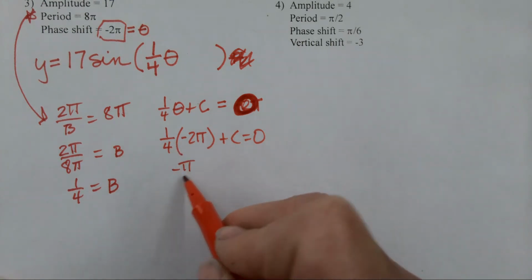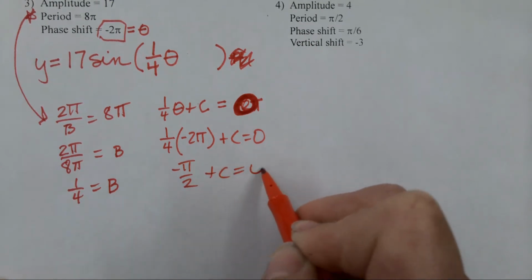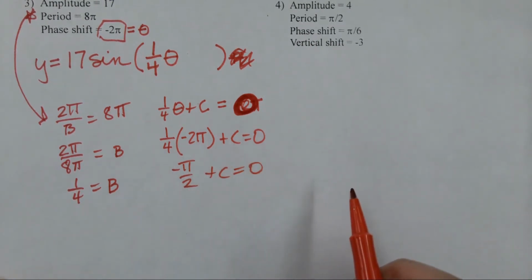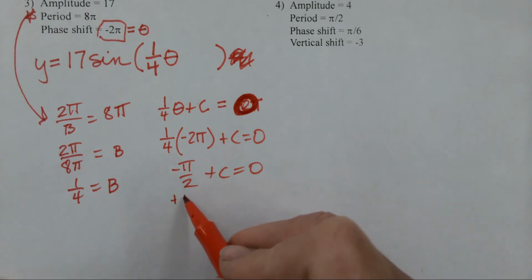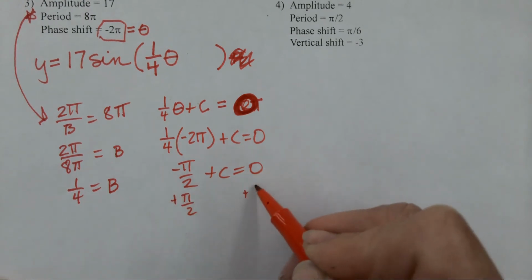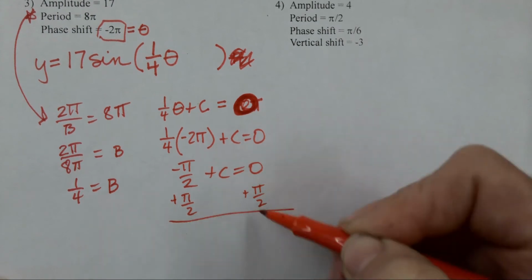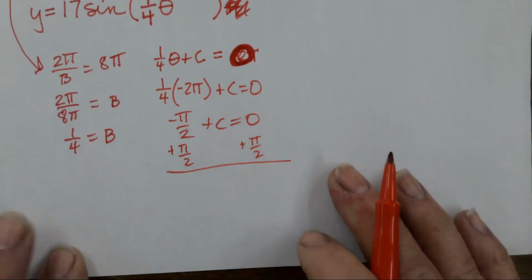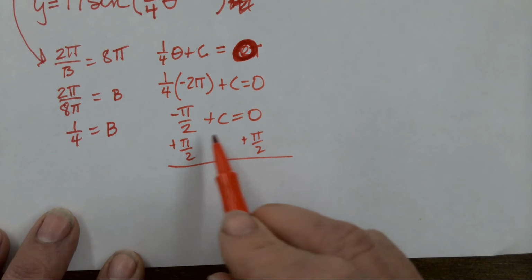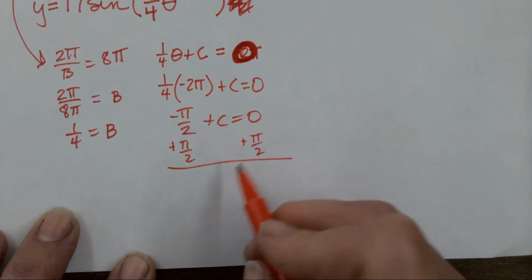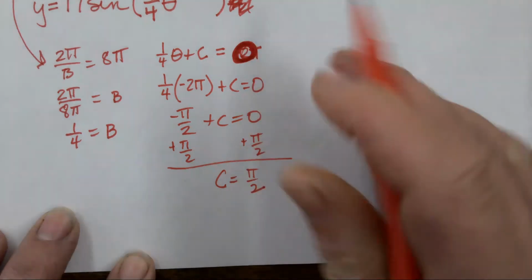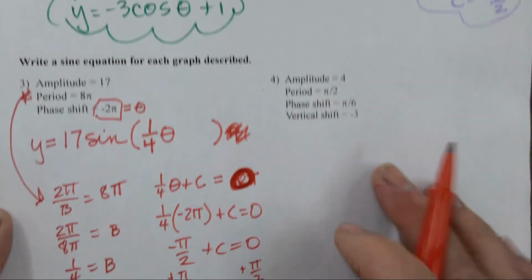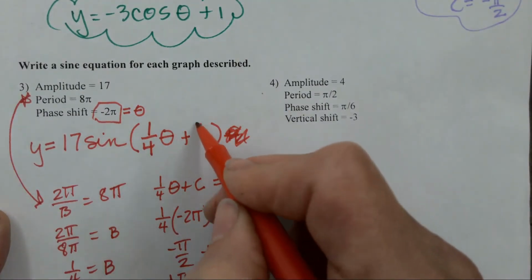Negative pi over 2, great, plus c equals 0. How do I solve for c? Yeah, I'm not afraid of this being a number, right? It's not a pretty number. It's not a number that we're used to looking at, but it is a number. So I can just solve with that. So c equals pi over 2. And so that goes back up here. Turned out to be positive, so I go plus pi over 2.